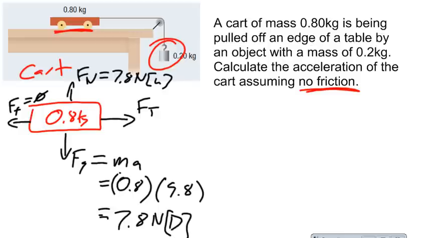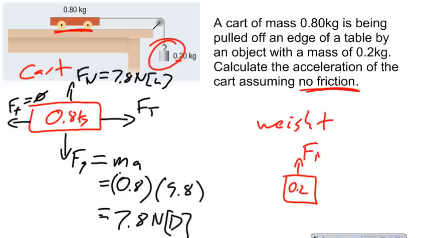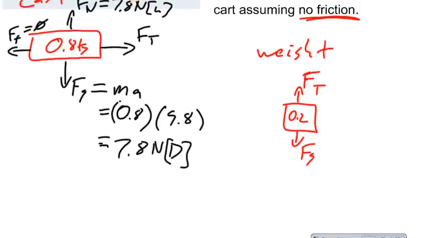We've drawn the free body diagram for the cart, but we haven't done one yet for the weight. So let's do that. We've got our mass right here. What forces are affecting it? We've got the force of tension, and we've got our force of gravity yet again.